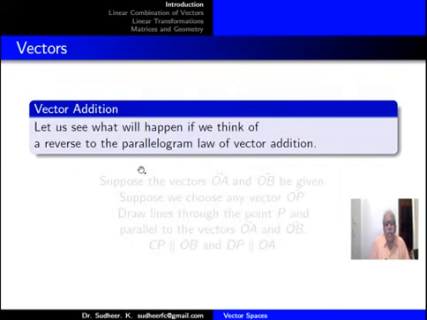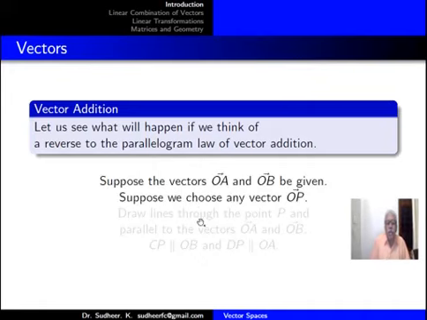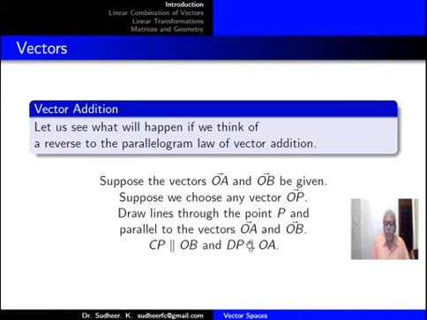Let us see what will happen if we think of a reverse to the parallelogram law of vector addition. Suppose the vectors OA and OB be given, and suppose we choose any vector OP, draw lines through the point P parallel to the vectors OA and OB.